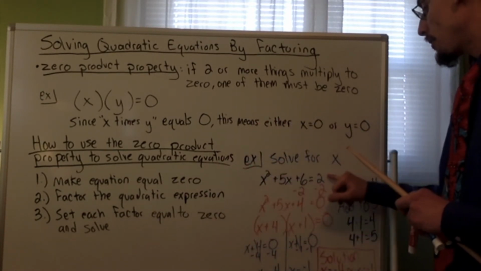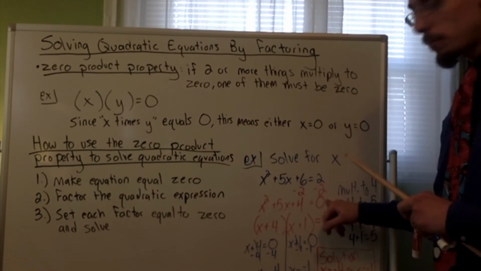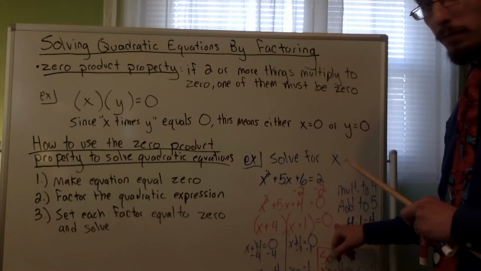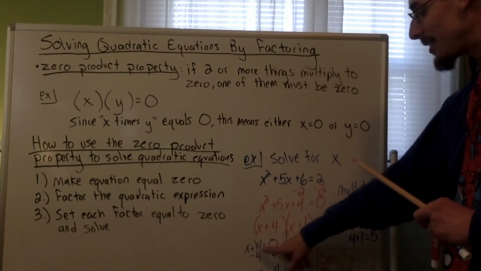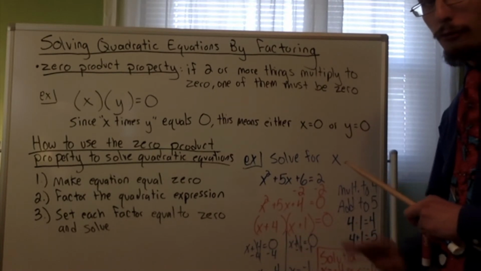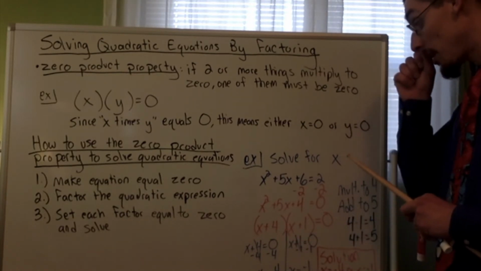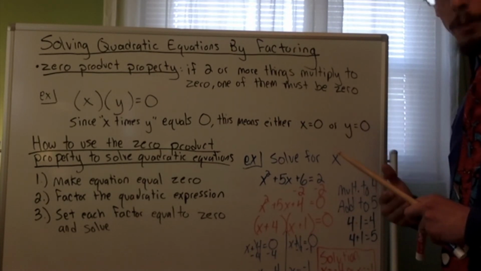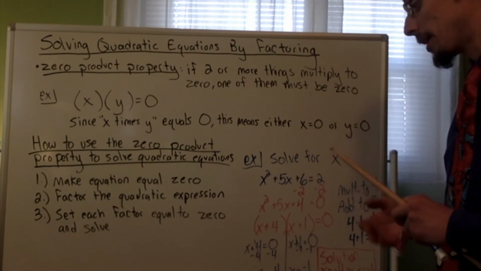I made it first equal to 0. I then factored the expression, and I then set each factor equal to 0 and solved very basic equations. That's what you're going to be doing for your assignments and on your quiz.